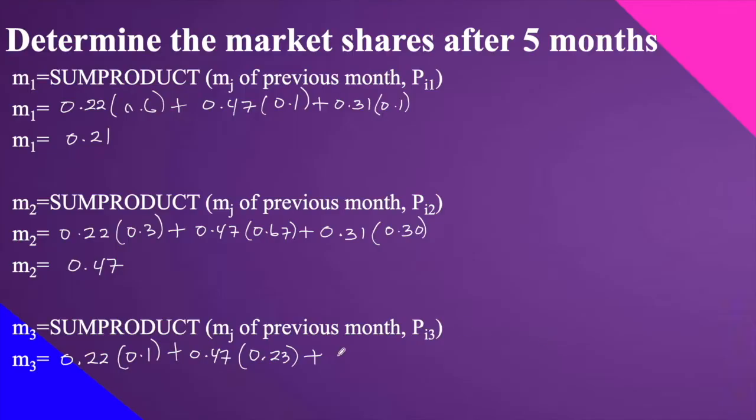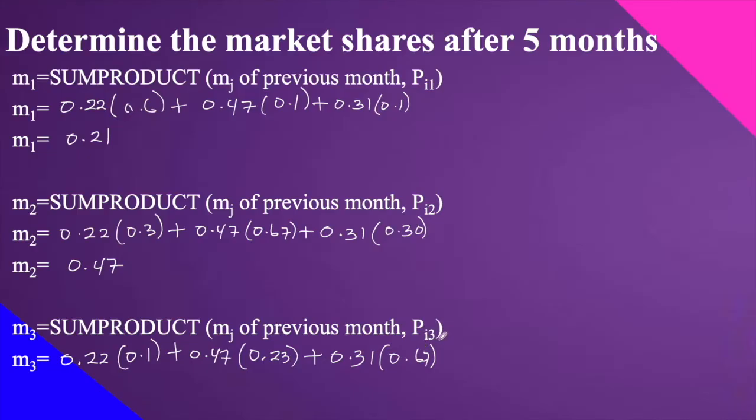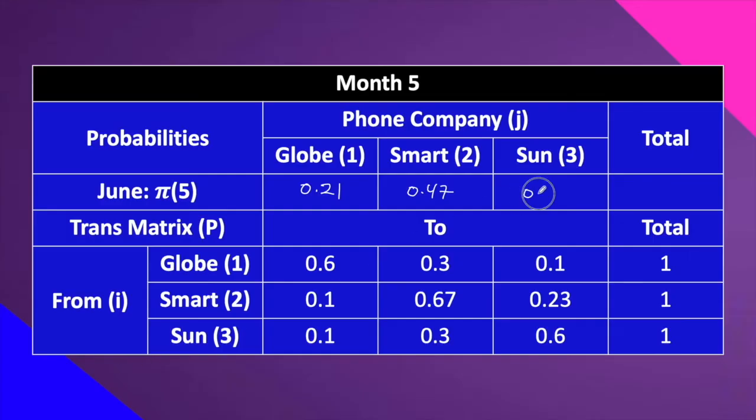And this is equivalent to 0.32 or 32% for the market share of the Sun after 5 months. So 0.32 plus 0.47 plus 0.21, this is equivalent to 1. And here they are. We have now the month 5 table completed na.